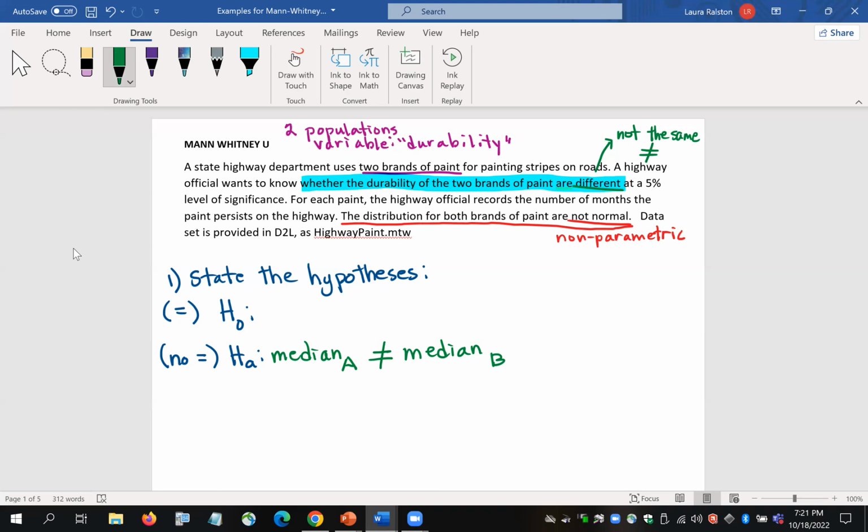So that's why I had to write the word median there. We don't have a fancy symbol for median. This is the one that's given. So the median for A is equal to the median for B would be my null, because they're opposite of each other.